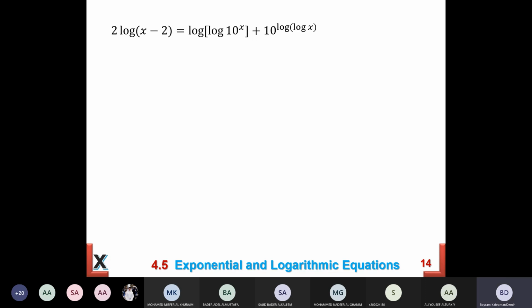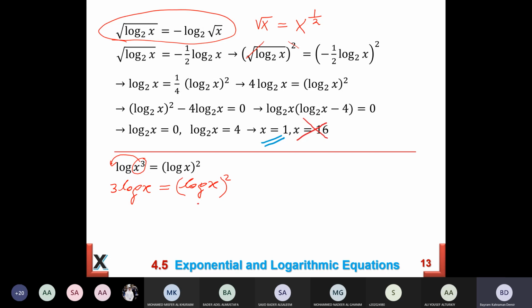Okay, before I continue, Shabab, do you guys have any problem, any question? Doctor? Yes, go ahead, please. Can we distribute the square on logarithm x to the base 10? Can we distribute the square? Yeah. Which square are you talking about, Shabab?